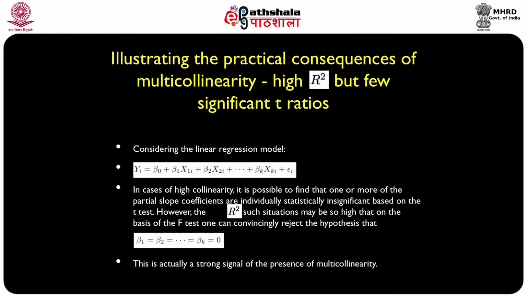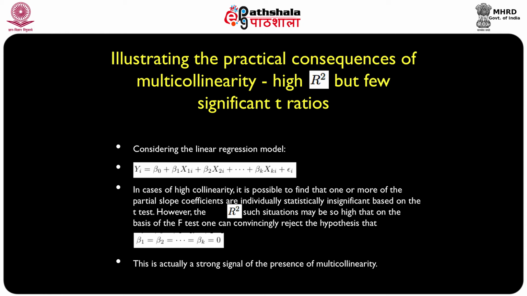However, the R square in such a situation may be so high that on the basis of the F-test one can convincingly reject the hypothesis that jointly the regression coefficients beta 1 equals beta 2 equals beta k equals 0. This is actually a strong signal of the presence of multicollinearity.